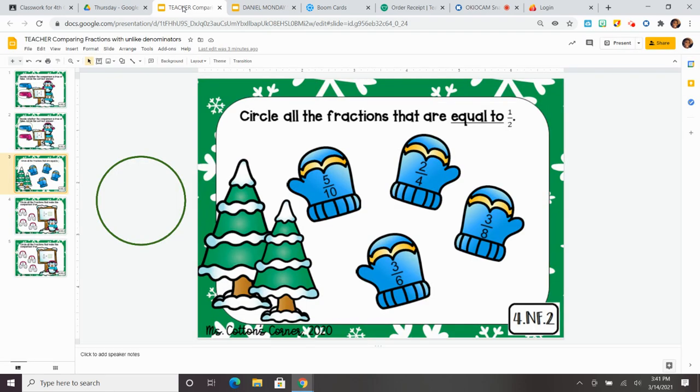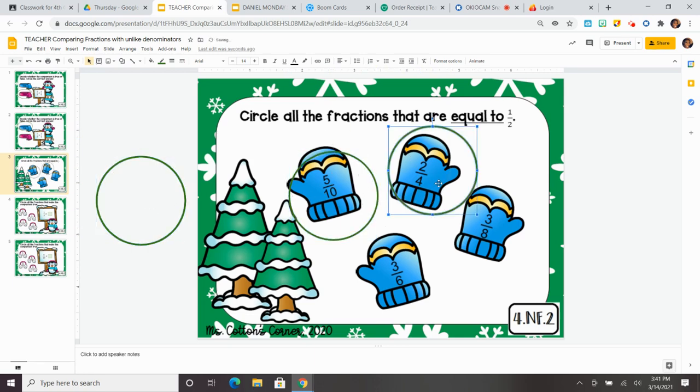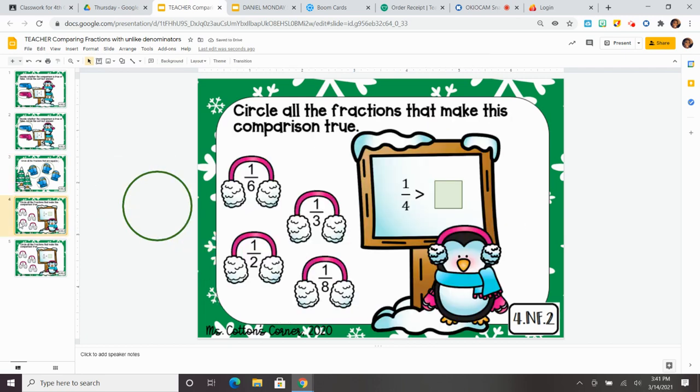So if I go here, that means I'm going to put a circle here, and circle here. And I'm not going to circle 3/8. All right, let's look at this. It says circle all the fractions that make this comparison true. 1/4 is greater than blank.